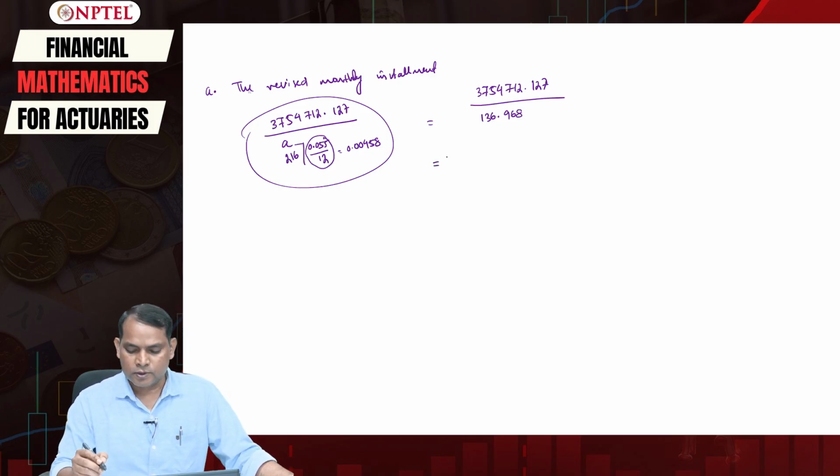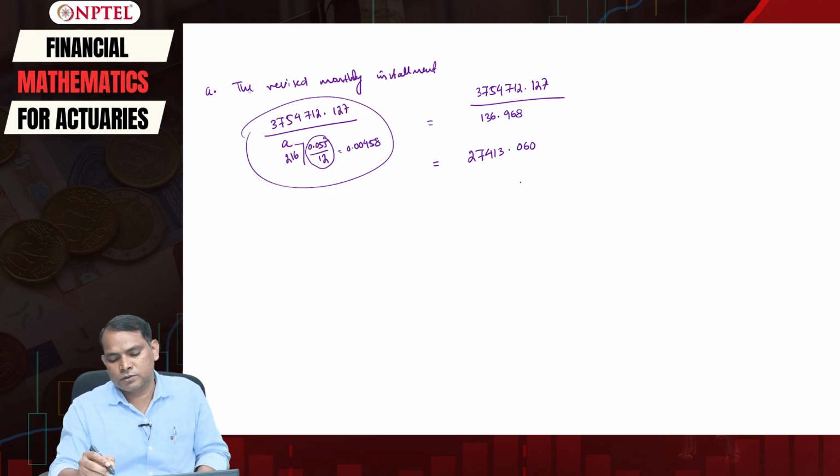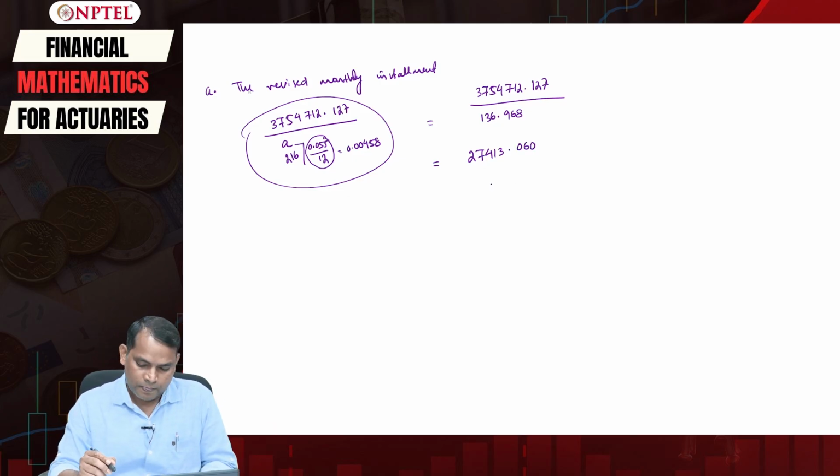Upon solving we will get a value of 27,413.060. You can use your calculator to get the value. So this is the new installment amount.